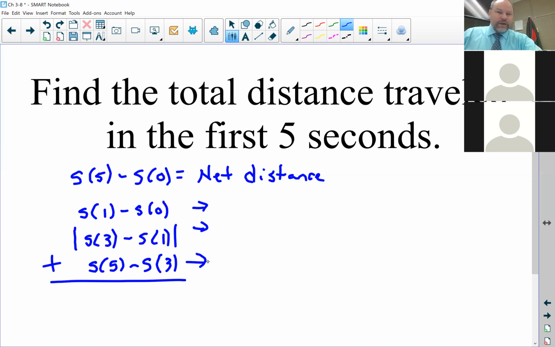And one way to do this is just use your calculator. So if I put my position function in y1, and make sure my table is set 0 counting by ones, that's good.